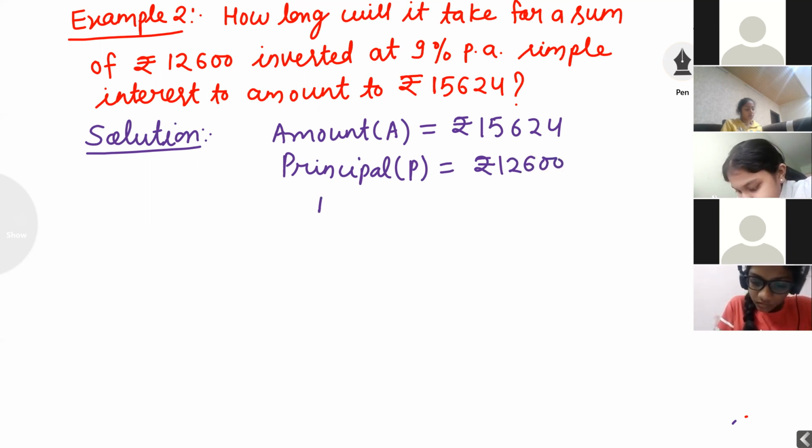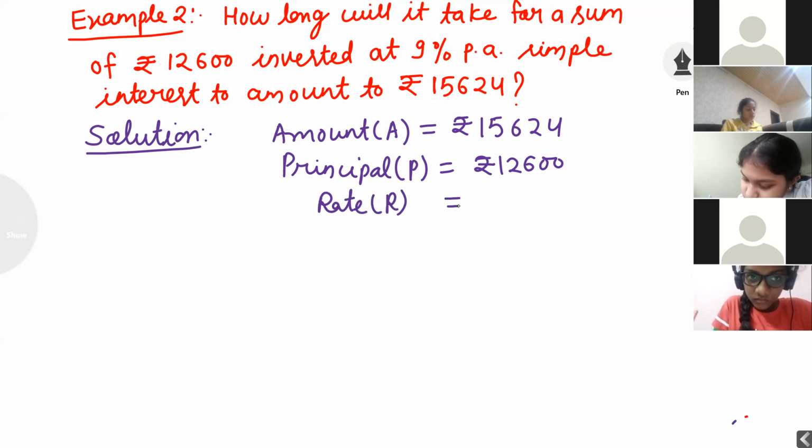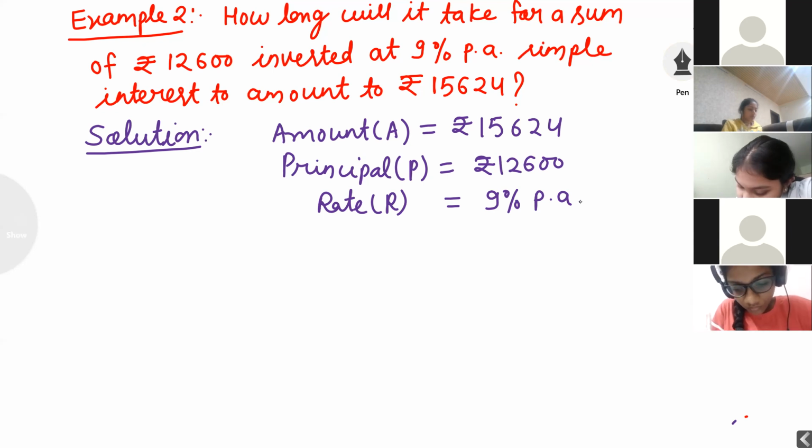Rate R is equal to 9% per annum, PA. Amount he has given, principal he has given. Firstly, I want to find out simple interest. Simple interest is equal to amount minus principal. Note down. SI is equal to, SI means simple interest. SI is equal to amount minus principal.